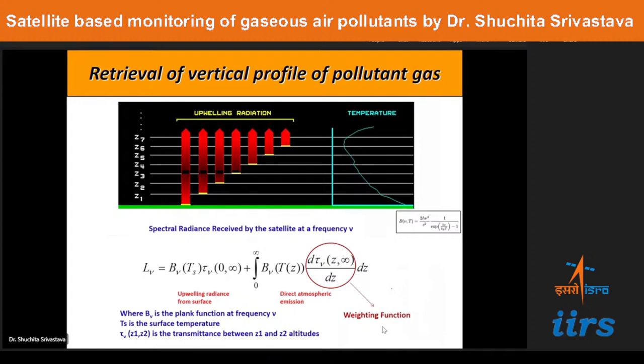The vertical profile of pollutant gases can only be calculated from emitted radiation from our terrestrial system, from the surface as well as from different layers of the atmosphere.